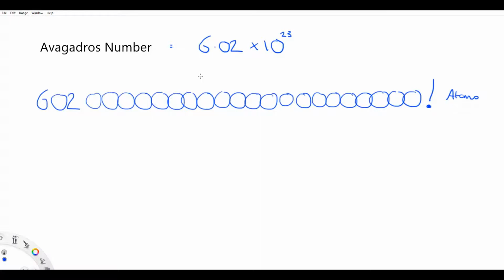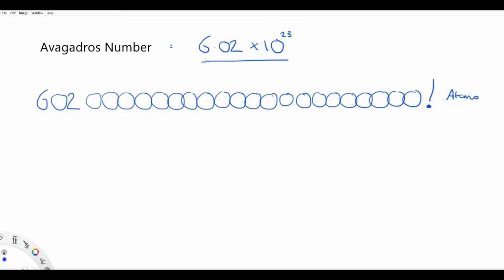So it's really important as chemists that we work in this term of moles, because 1 mole of any substance, I could be talking about a mole of cats, a mole of peanuts, a mole of pound coins. When I'm talking about a mole, I'm talking about the same number of particles, and 1 mole of anything will contain this number, which is Avogadro's number.